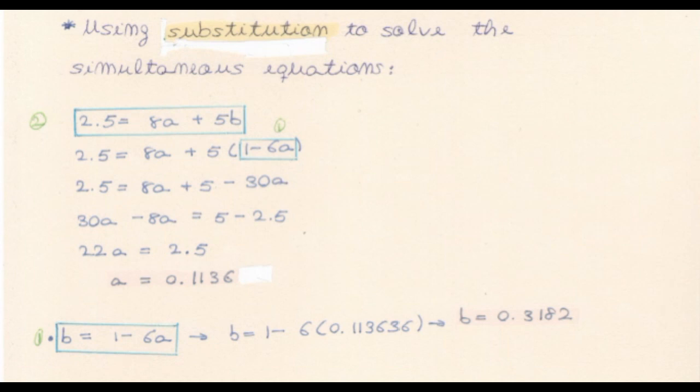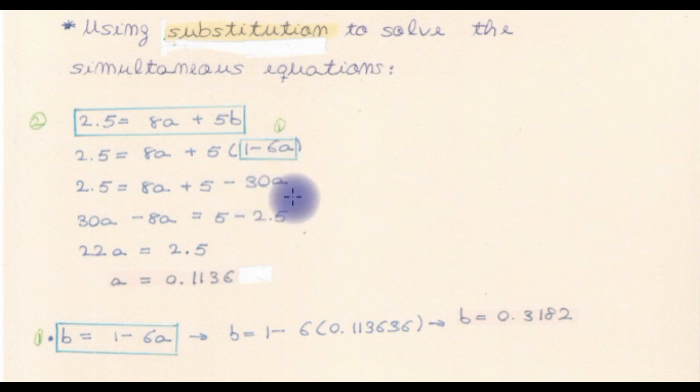Now that we have two equations and two unknown constants, we're going to apply the method of substitution by substituting equation 1 into equation 2. As you can see, we've got rid of b, implying that we can find out the value of a. First, expand the brackets. So 5 times 1 is 5, and 5 times minus 6a is minus 30a.